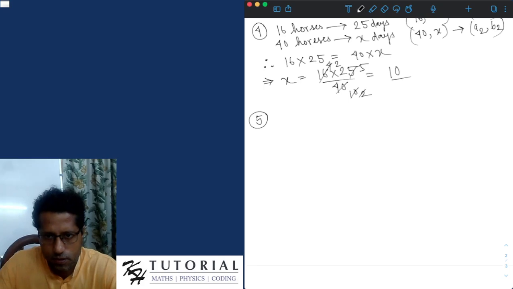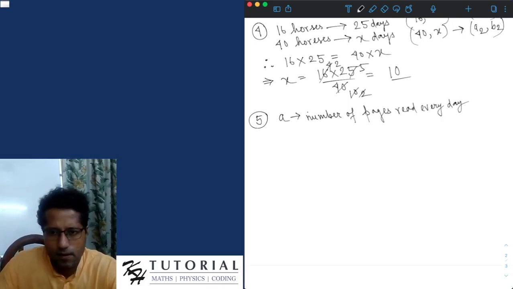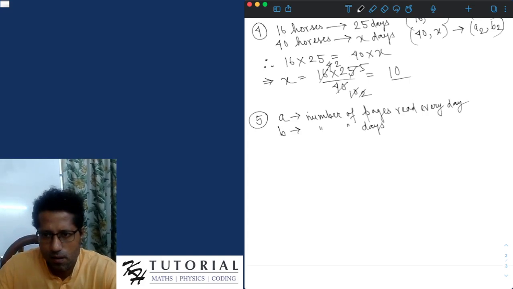For your reference, the quantity A is referring to the number of pages read every day, and B is referring to the number of days required to finish the book. So these are the two quantities.